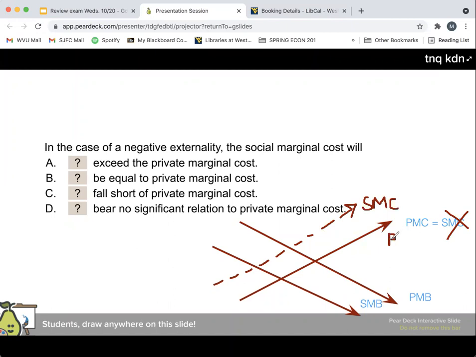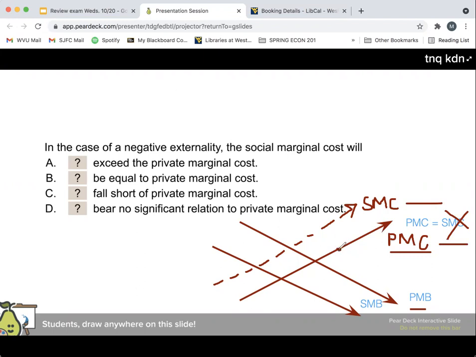So in that private market equilibrium, we're not taking that social marginal cost curve into account. We are looking at the private marginal cost and private marginal benefit. So to go back to this question, in the case of a negative externality, we now know that at every point that social marginal cost is going to be greater than that private marginal cost.